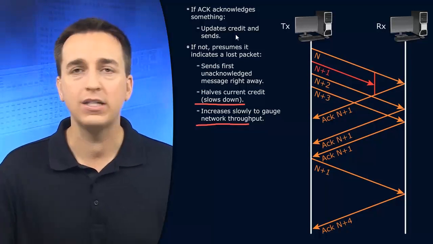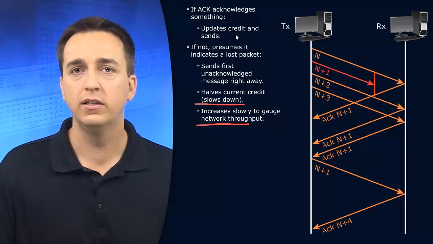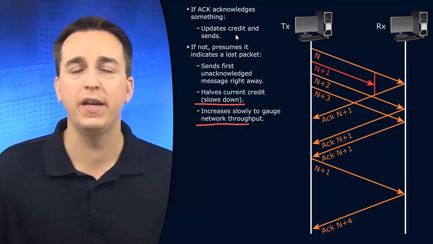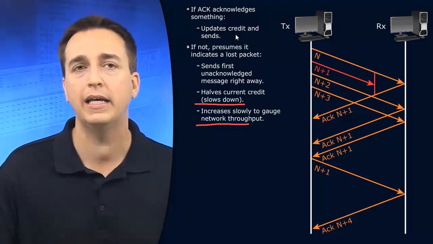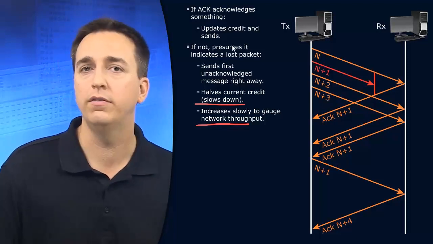Under great times, we're going to be able to send a lot of information in one shot. However, when things start to get a little sour on the network, congestion occurs, let's say routers' or switches' queues are backing up, and TCP segments are going unacknowledged, then we can back off.